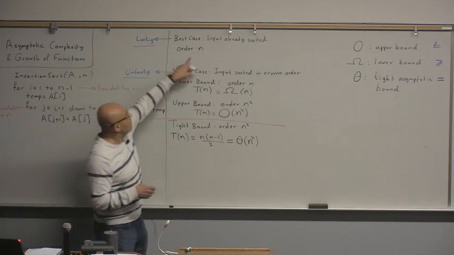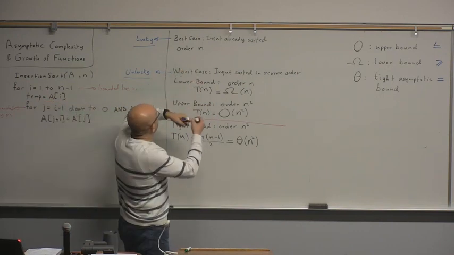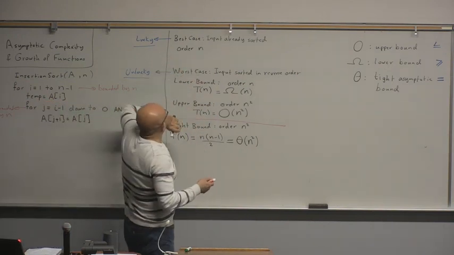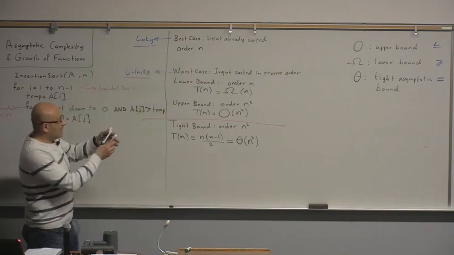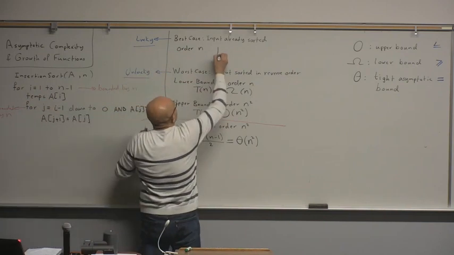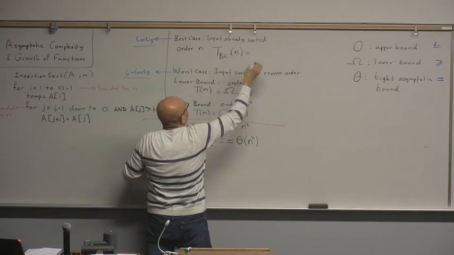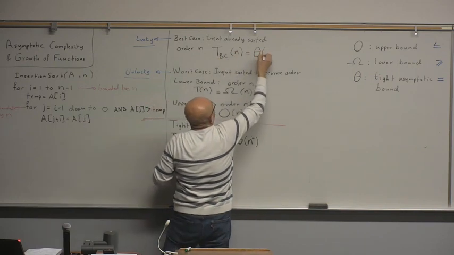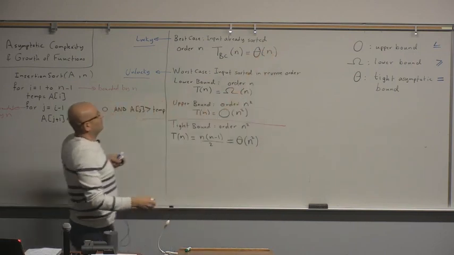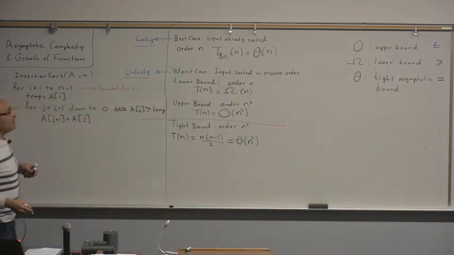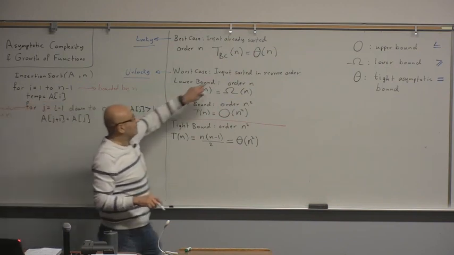In fact, here we can say that the best case asymptotic complexity of this algorithm, T best case of n, equals theta of n. We know that it's going to be theta of n exactly.